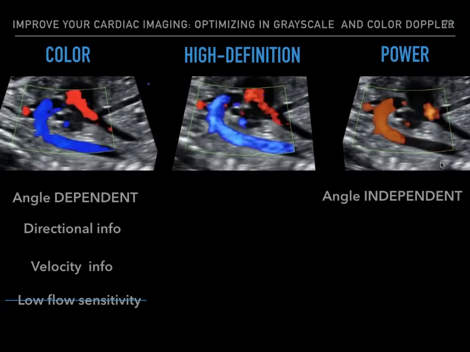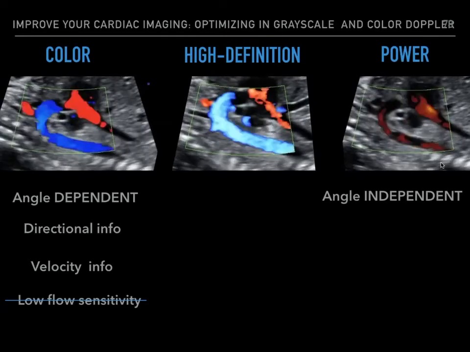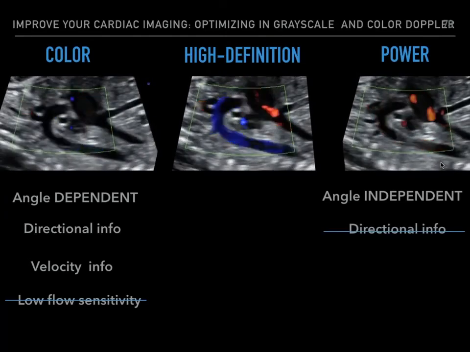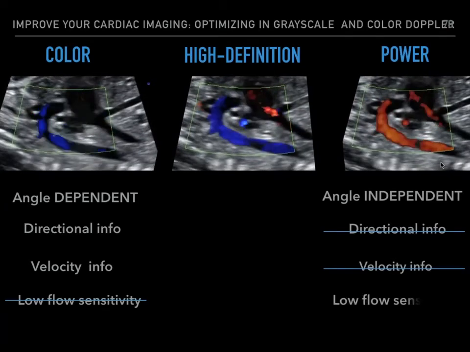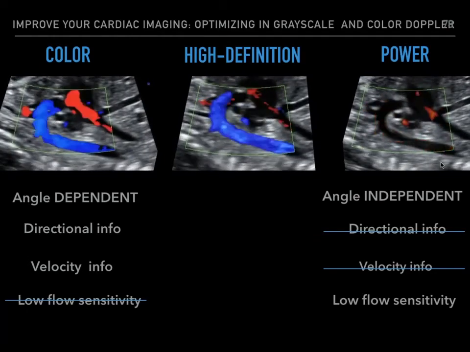Power Doppler is angle independent, being able to detect flow at right angles to the beam. It does not provide directional information, as we all know, or velocity information, and has the ability to have high detection for low flow sensitivity.